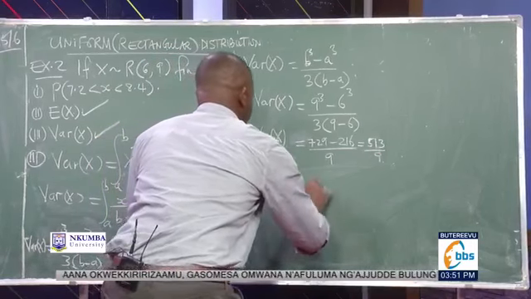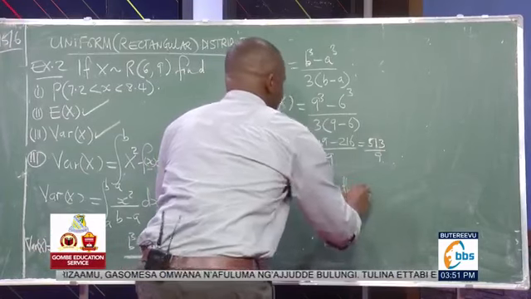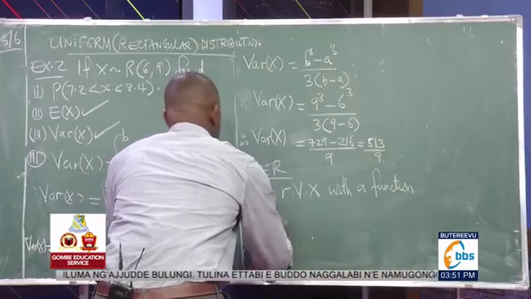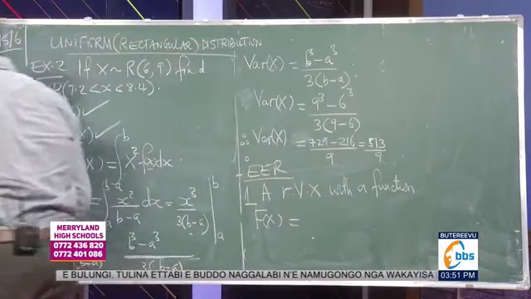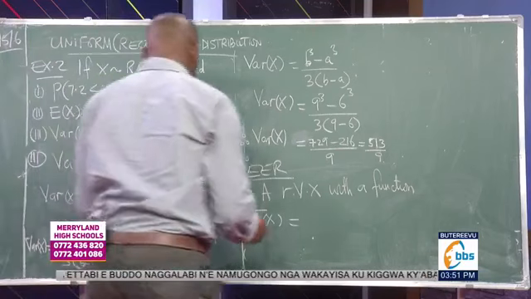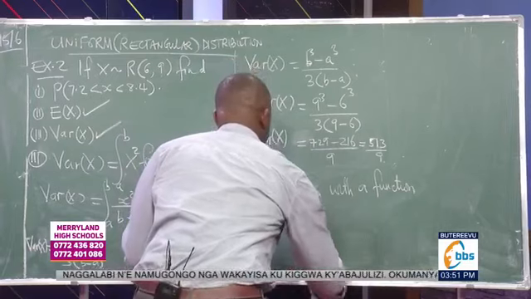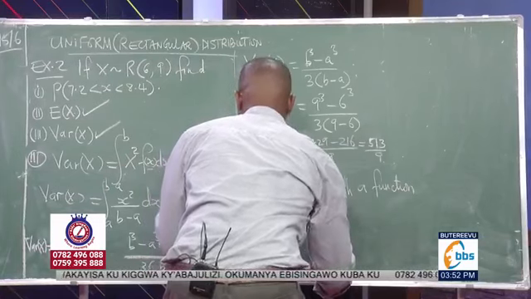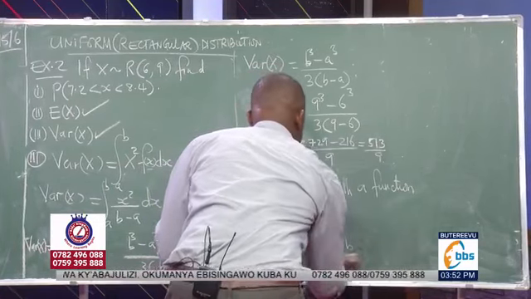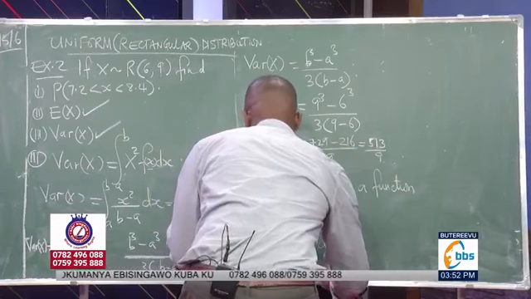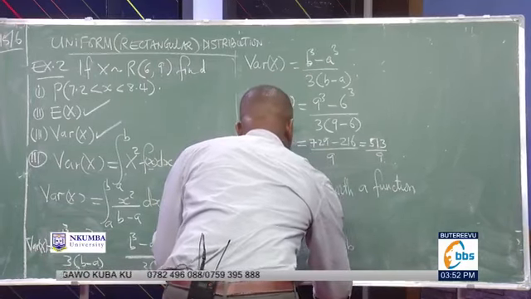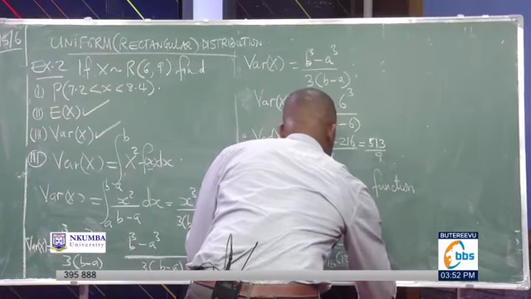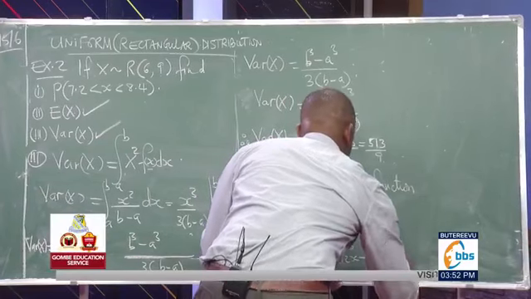A random variable x with a function f of x is 0, x squared over 16, ax minus b, 1, and we have 1 out of 16 into 12x minus x squared minus 20.